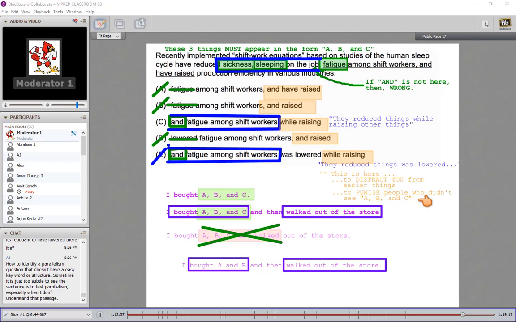Again, there's this question in the chat box. Parallel structures should not be subtle. They really should not ever. Just think about making PowerPoint slides again. If you have bullet point, other bullet point, that is never going to be subtle. Either things are bullet points or they're not bullet points. And if there is a list of things in a sentence, then it's pretty clear it's a list of things.